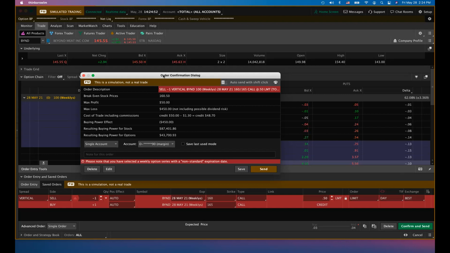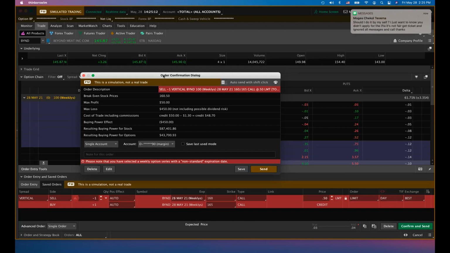The maximum loss that you can achieve on this one is the width of the spread times 100 less the amount of premium that you received, in which case that would be 500 minus $50, which gives me $450.